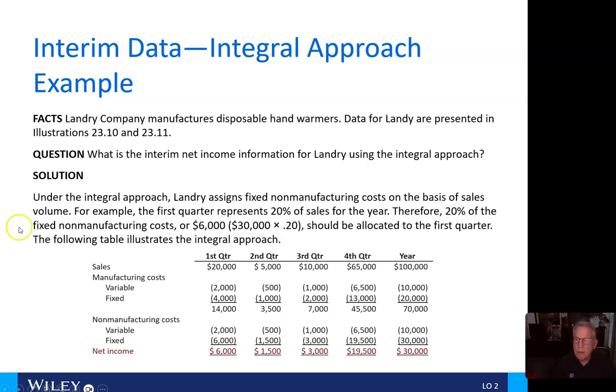Therefore, 20% of the fixed non-manufacturing costs, that's $30,000 times 20%, or $6,000, should be allocated to the first quarter, and you can see that that's what they did. And so they use this approach, and it generates a different level of net income.